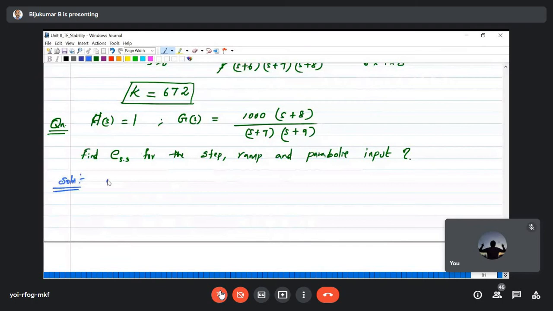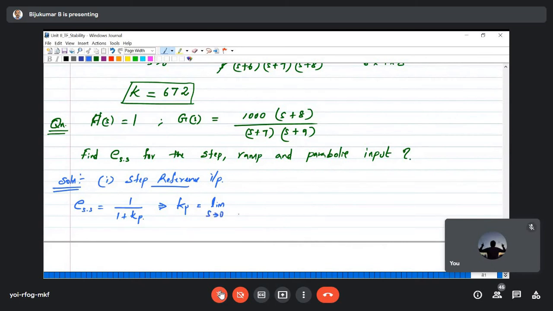First you take the step reference. Few things you can directly judge by seeing the type of the system.